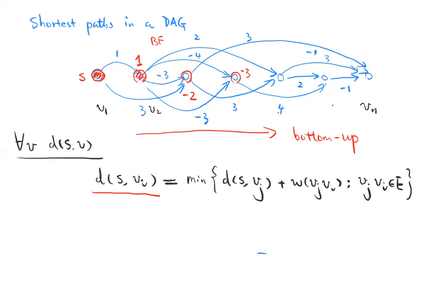When we compute the distance from S to this vertex, V3, we consider all edges coming into this vertex. So there's a difference between Bellman-Ford and dynamic programming.